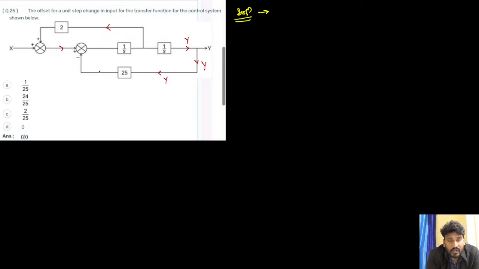So what is that output is my input into transfer function. So what is this signal guys? This signal is my 25y. Unnecessary, do not consider the constant like a, this is b, this is c.